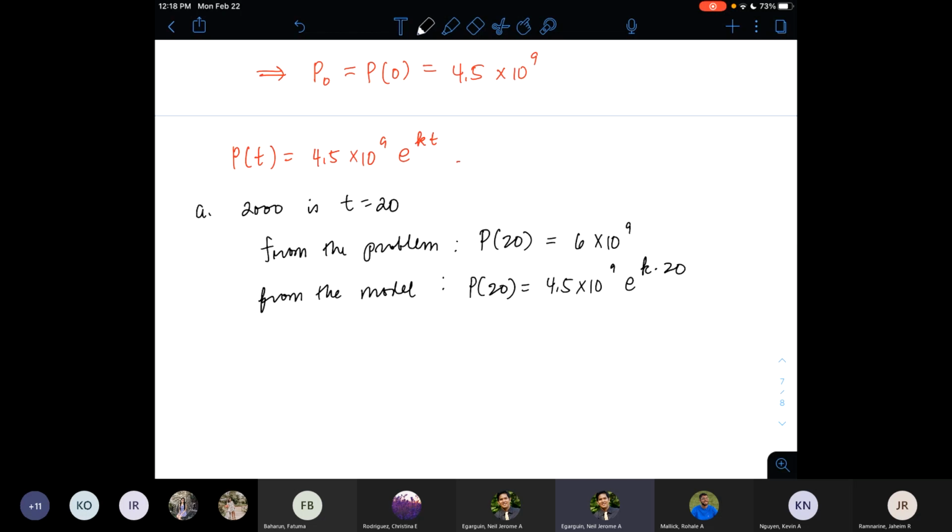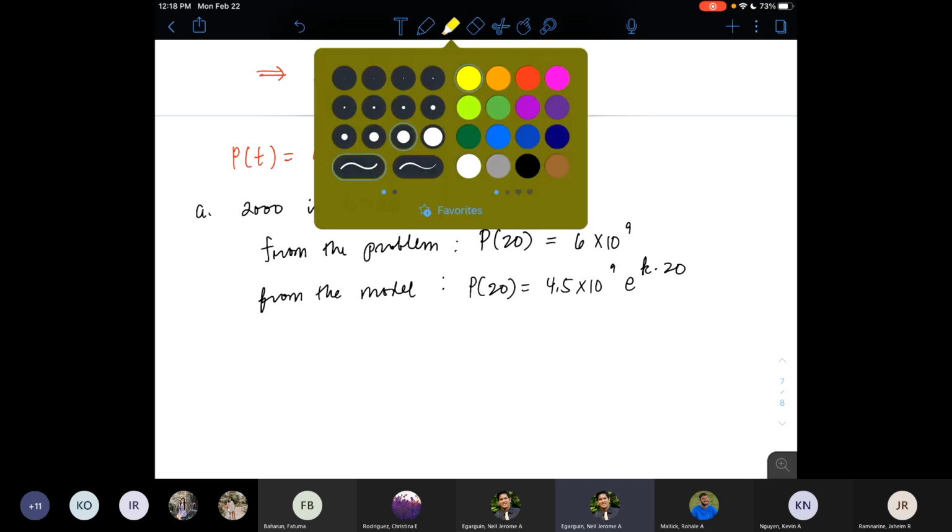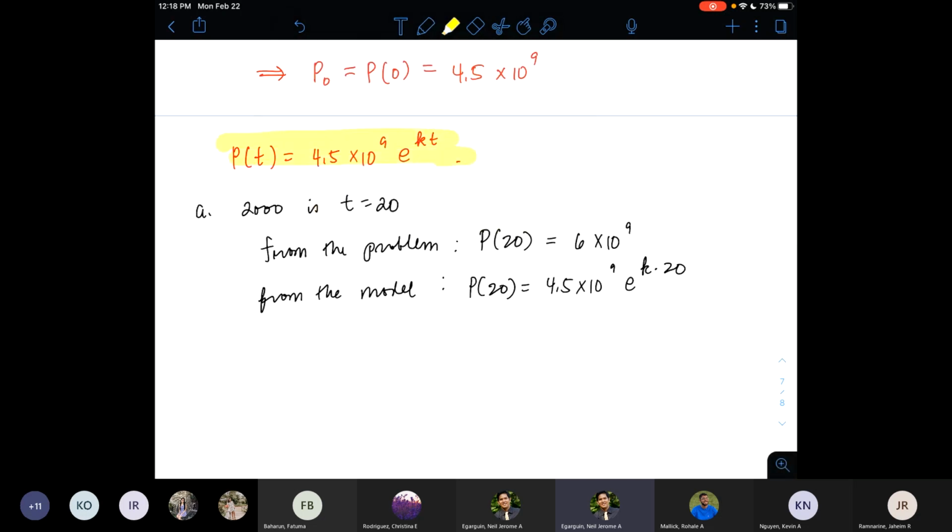How did I get that? Well, I got that from our model. Our model says that p of t for any value of t is 4.5 billion times e to the kt. So to find p of 20, I simply plug in t equals 20, and I get this expression for p of 20. Okay?